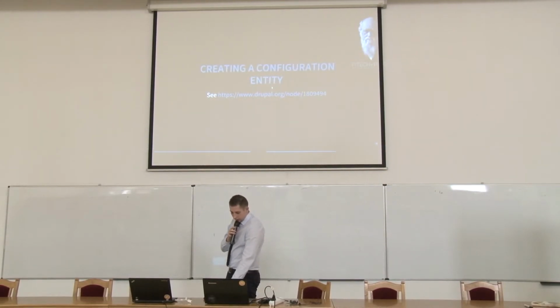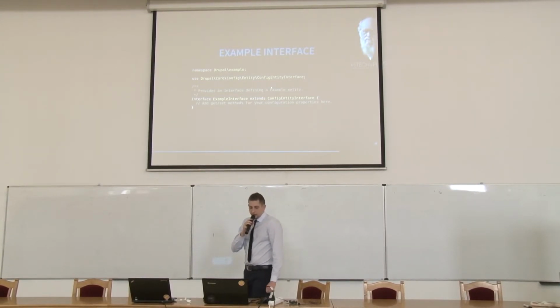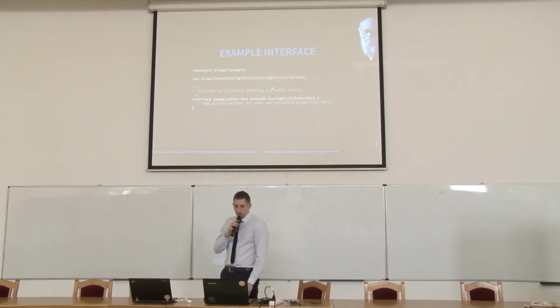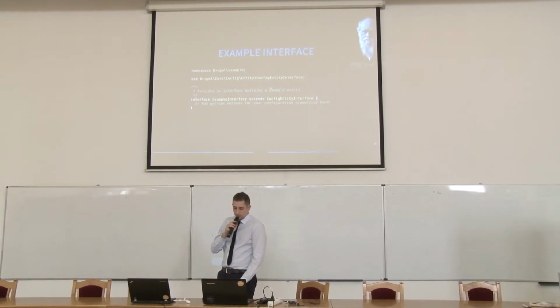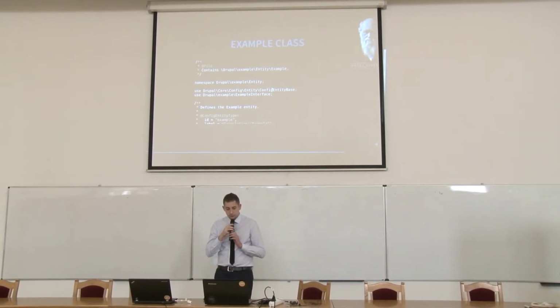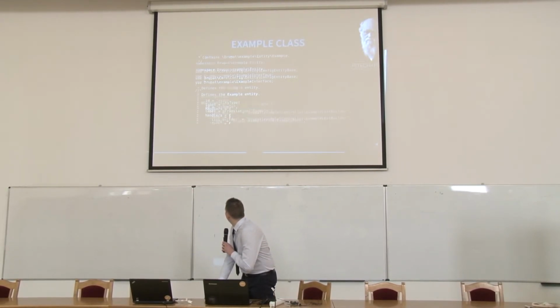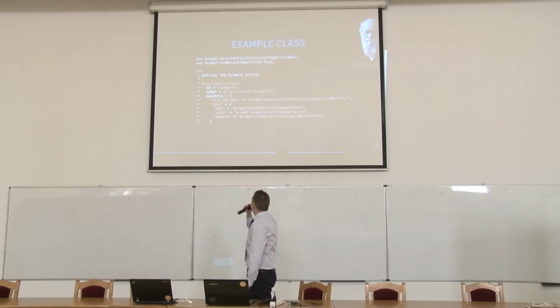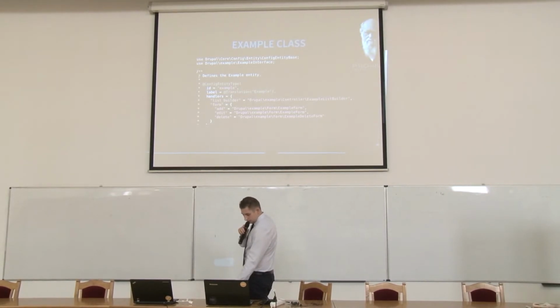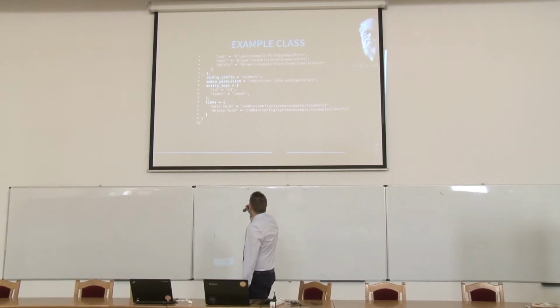So, creating a configuration entity. We have to define the interface that extends the config entity interface, and we can add other methods for our entity here. Then we have the class. We define the annotations: the config entity type, ID, label, handlers, the entity keys, the permissions, the config prefix.